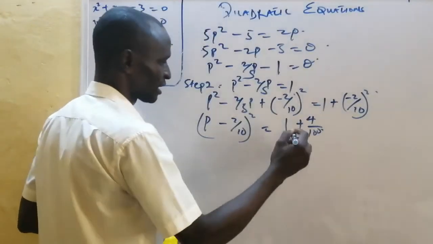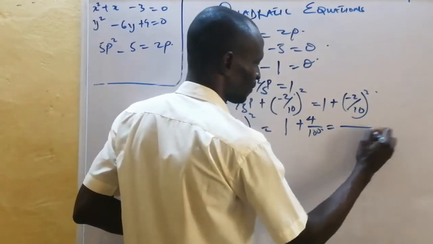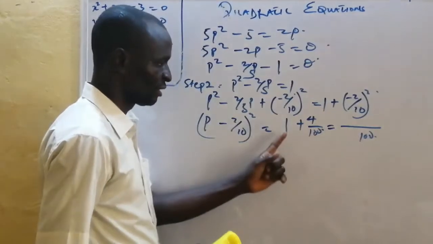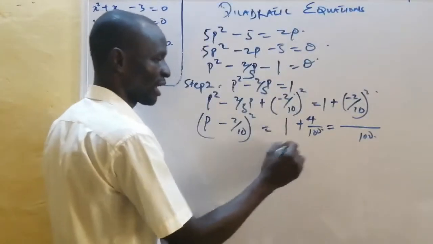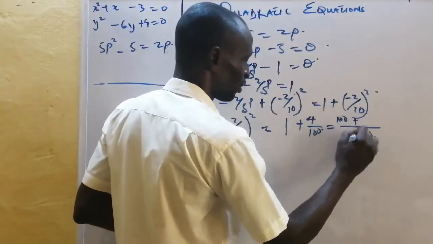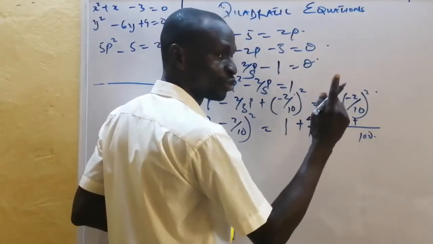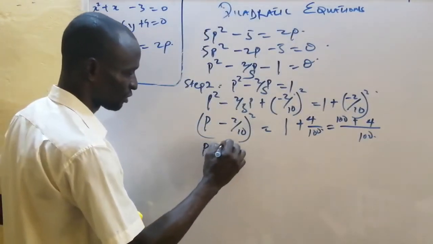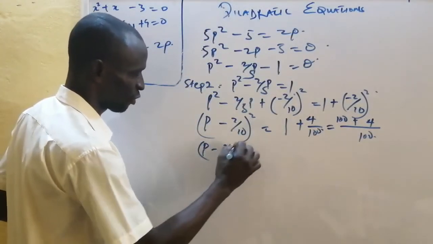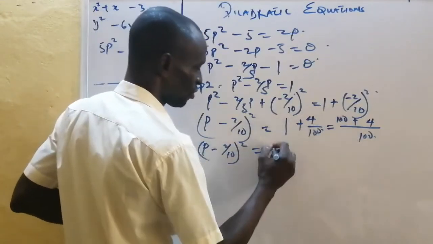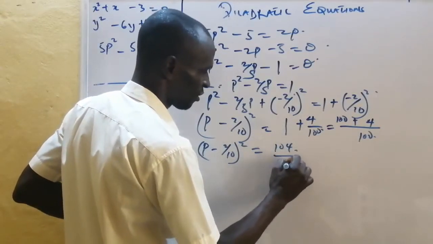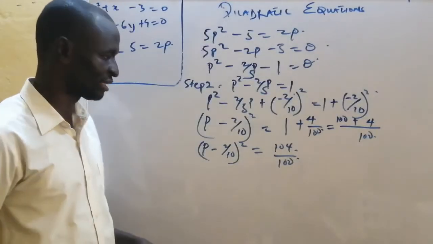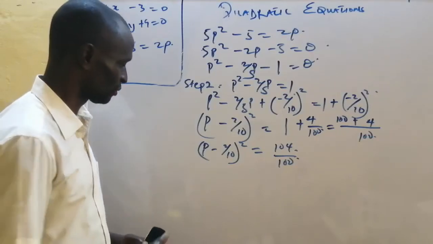Now let's just expand this out. 100 is my LCM. 1 into 100 is 100 times 1 is 100, plus 100 into 100 is 1 times 4 is 4. So p minus 2 over 10 all squared equals 104 over 100.